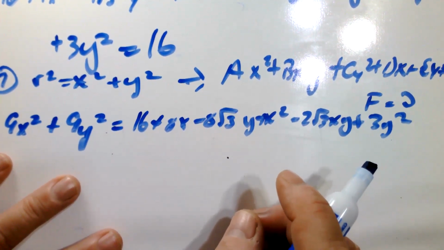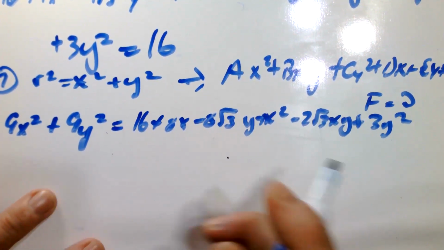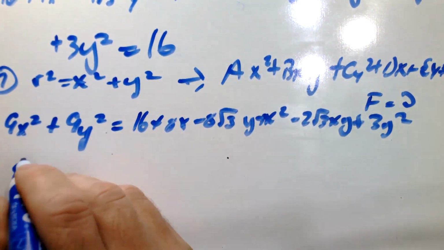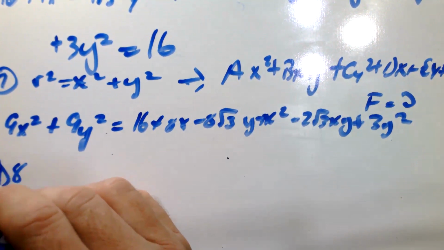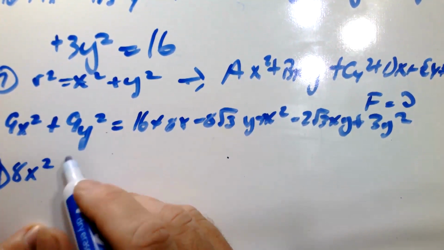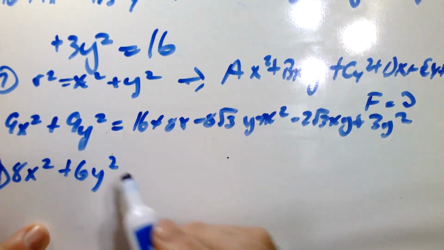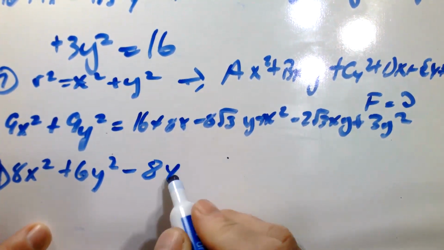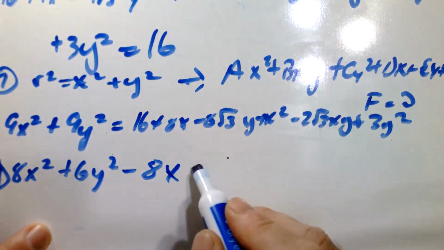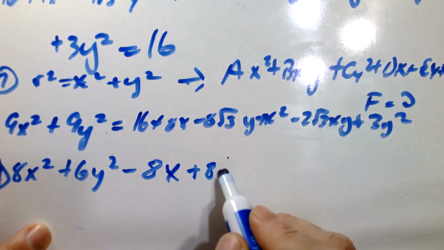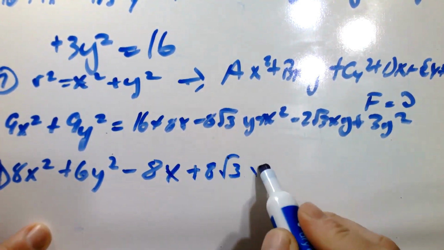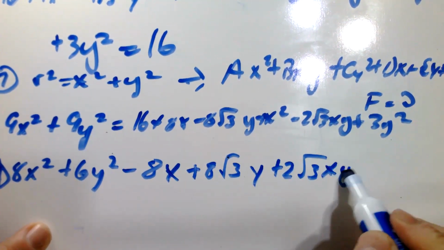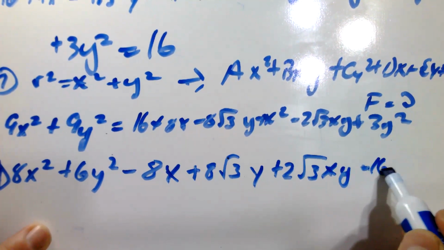And now, let's see, we can simplify things, canceling things out on both sides. We get that this becomes 8x squared plus 6y squared minus 8x plus 8 square roots of 3 y plus 2 square roots of 3 xy minus 16 equals 0.